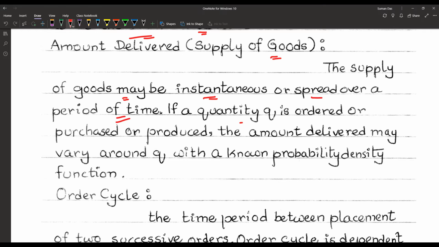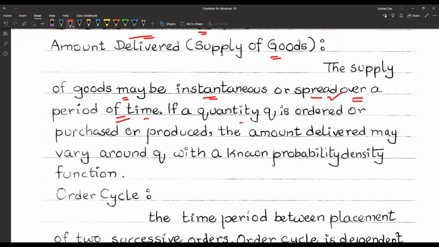That means whatever the demand is, the supply arrives in the same number in stock, but it may be instantaneous, or it may be spread over a period of time.